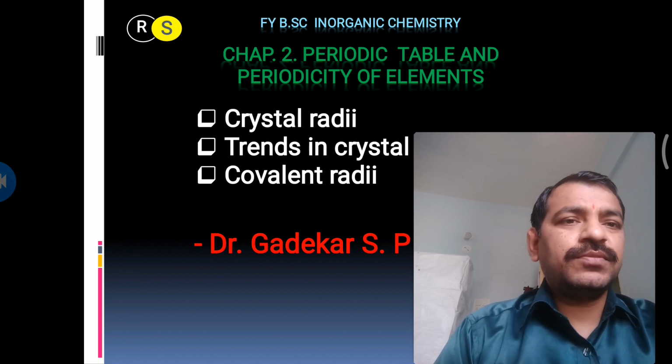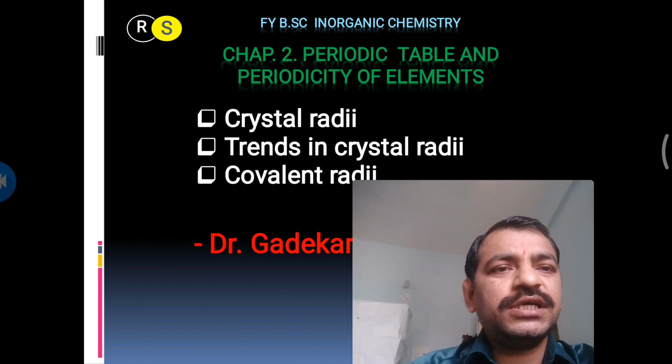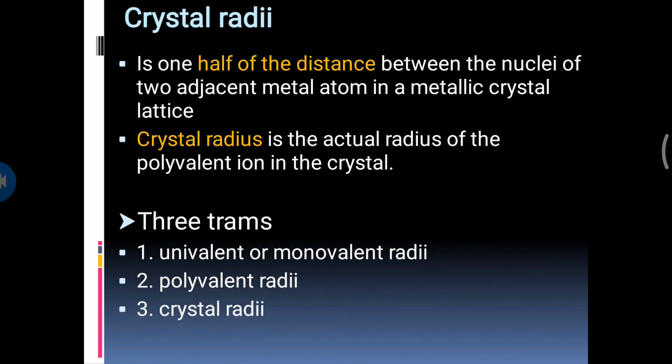First, we discuss crystal radii. What is crystal radii? Crystal radii is one half of the distance between the nuclei of two adjacent atoms in a metallic crystal lattice. Half the distance between nuclei of two adjacent metal atoms in a metallic crystal lattice is called crystal radii.